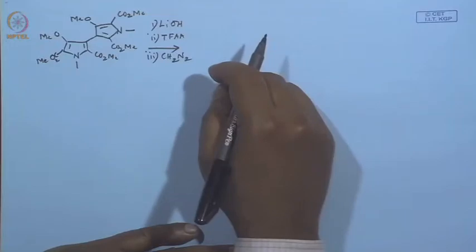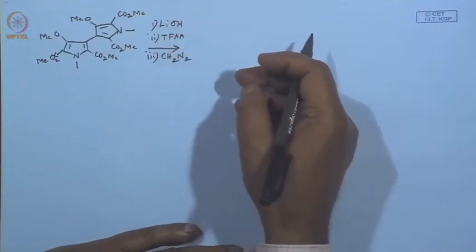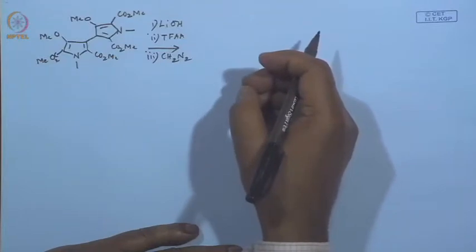So, first is lithium hydroxide, all of us know it is now a popular reagent for ester hydrolysis. Classically sodium hydroxide, potassium hydroxide used to be used, but now in research laboratories most people use lithium hydroxide. I think all of us know the yield is very high, it is soluble and it can be controlled.